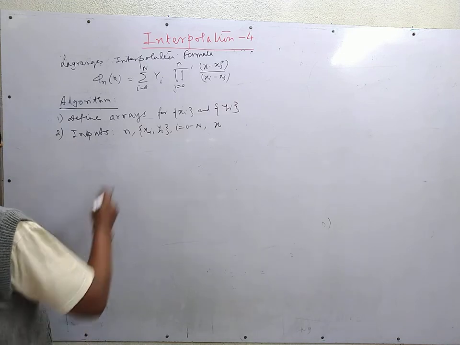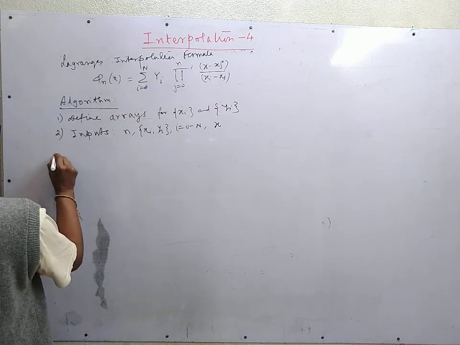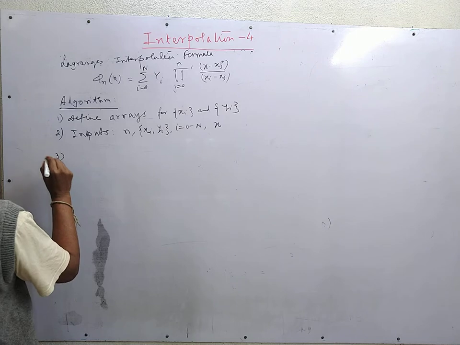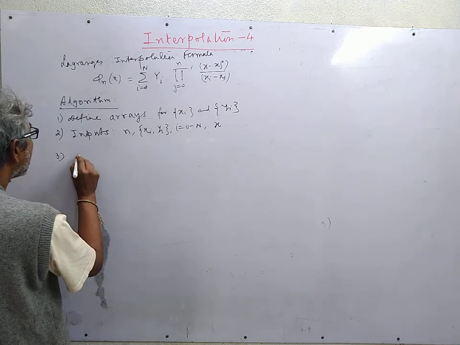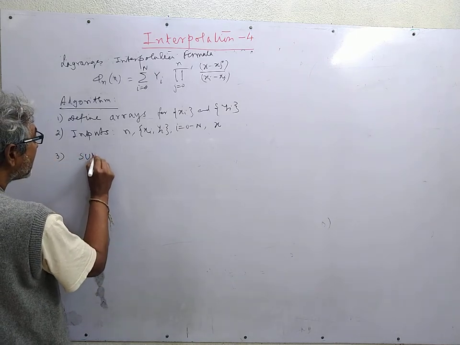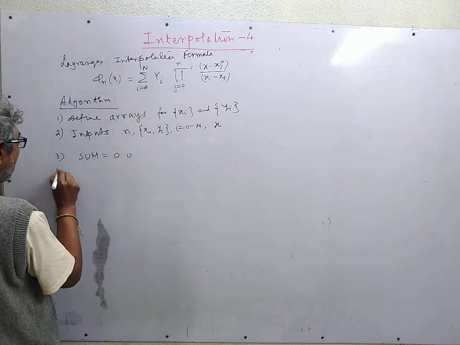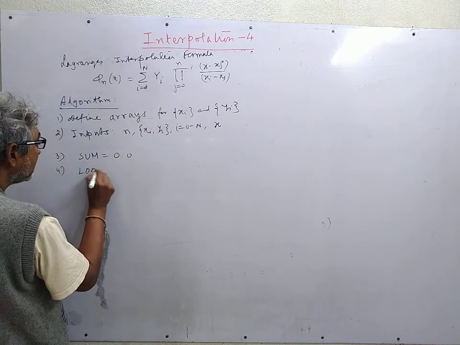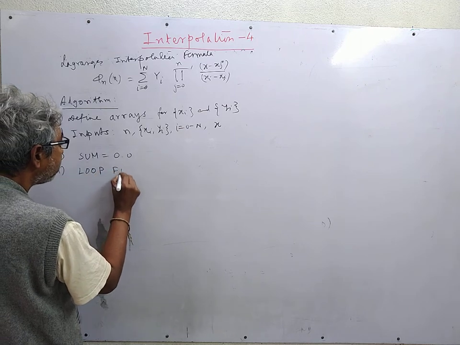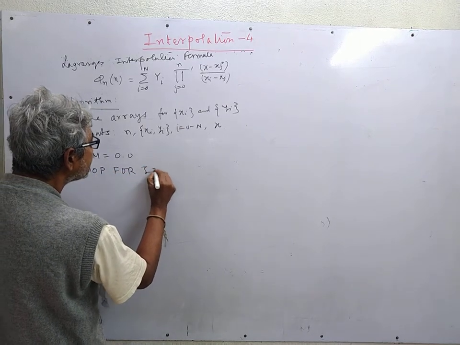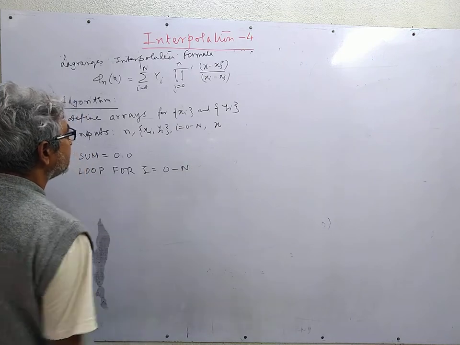Then first thing is to initialize sum to 0. Then we start a loop for I, from 0 to n.